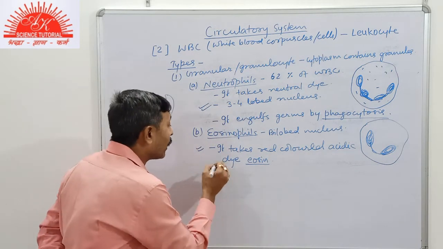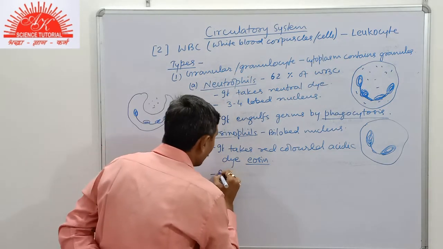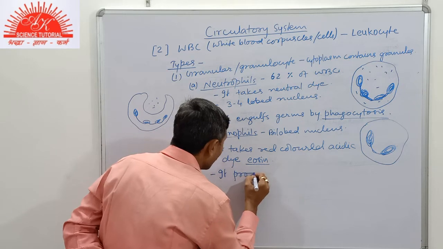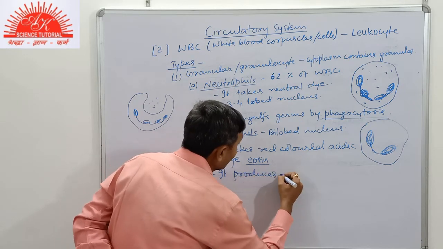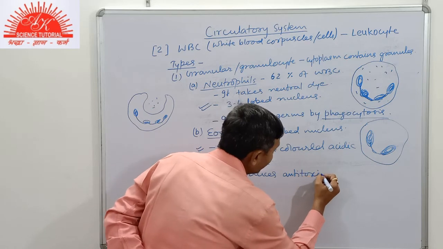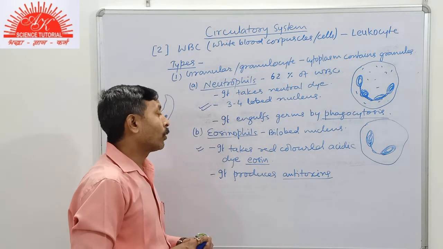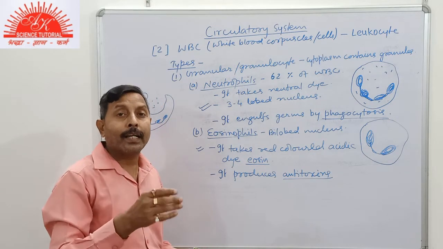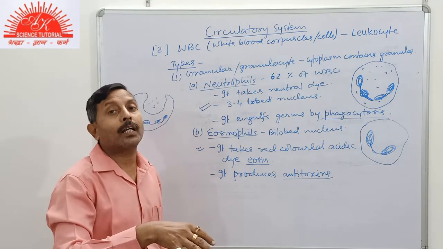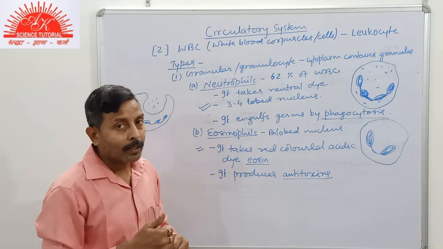Now, the next point related to its function, that is it produces antitoxins. Antitoxins are also kind of antibodies which are produced by WBC against the toxic substances produced by the germs when they enter into our body.